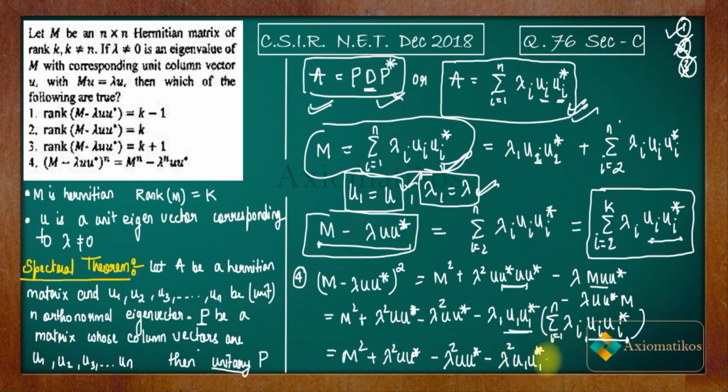The first thing will be left. I'm sorry, I forgot. So now see, lambda square u1 star we are getting. Now this un is nothing else, it is u. So let us erase it. Okay, so now what we are getting is this. Now see that this thing is cancelled by this. So what we are getting is m square minus lambda square uu star.